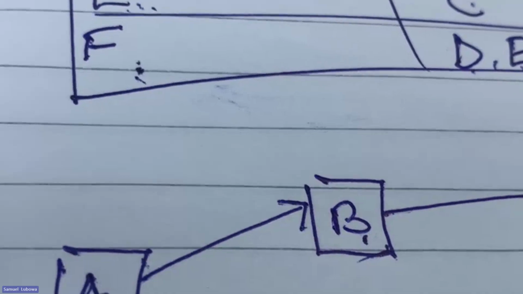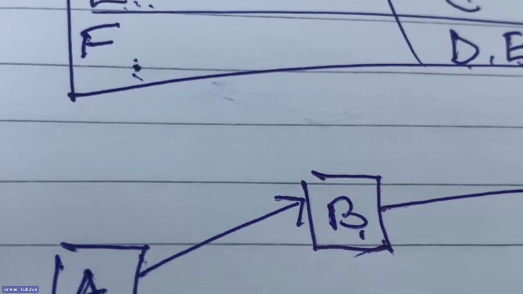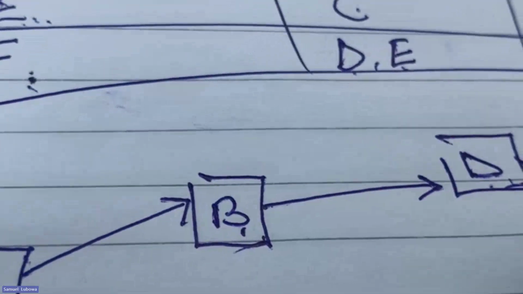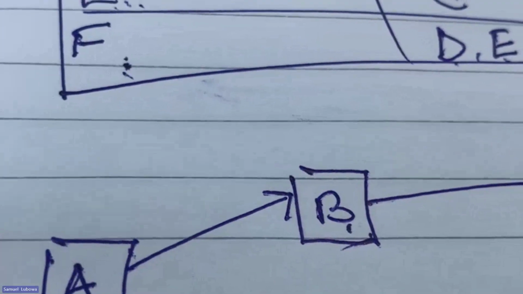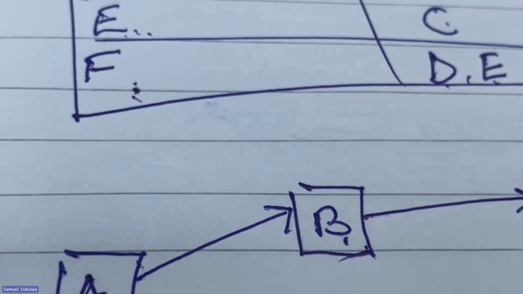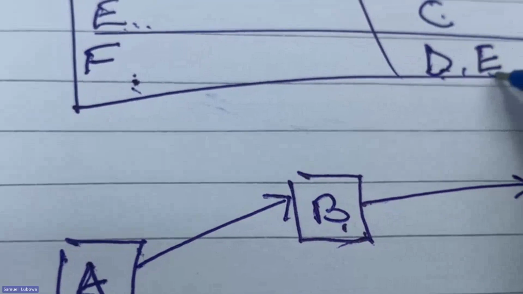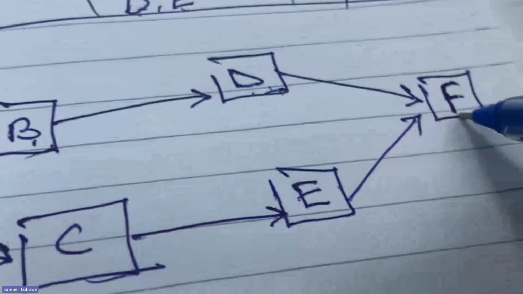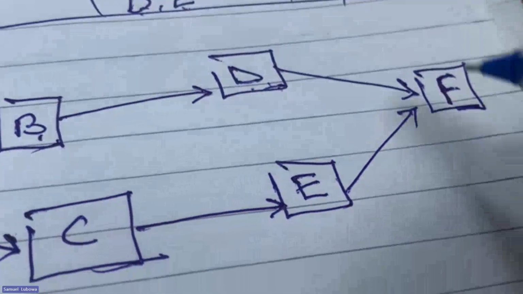So we shall have activity F, which has to start immediately after D and E. That is why we now come up with F.